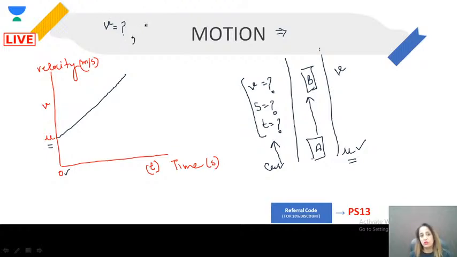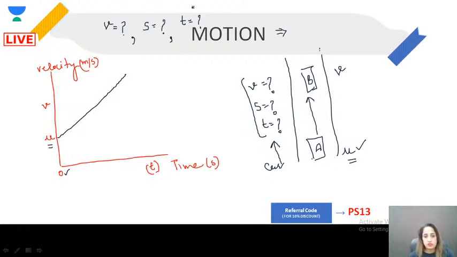Then we will also want to calculate the distance covered by the object, and the third point we would love to do is the time taken by the object to reach that point. So these are the three major topics that we will be covering in this lecture, and let's do it.